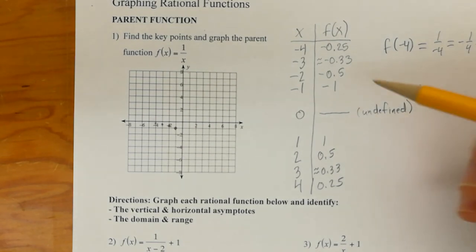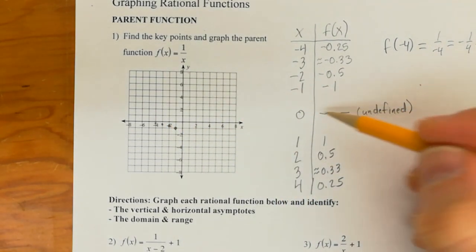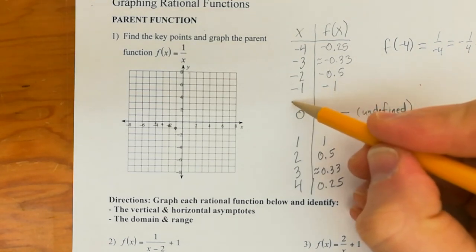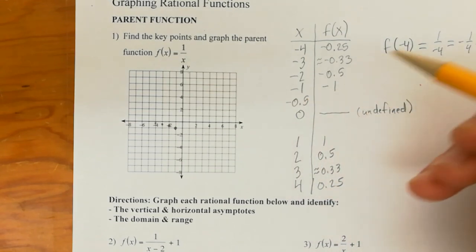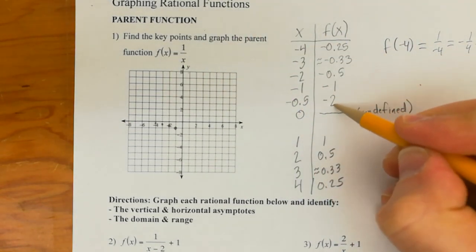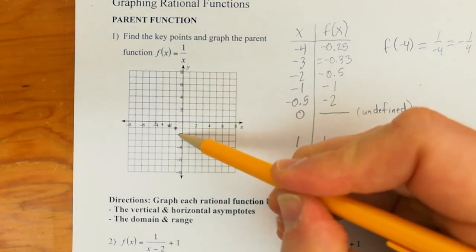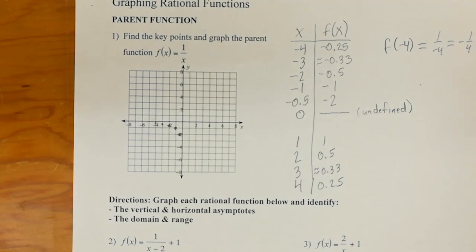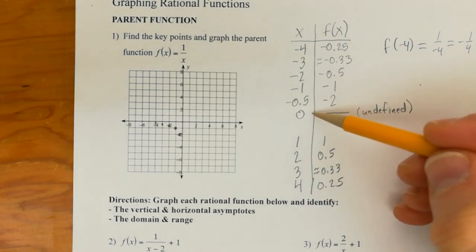Okay. It'd be nice to get a little bit more detail here. So let me go ahead and throw this in. I'm going to put in -1/2, or we can think of it as -0.5. 1 divided by -0.5, well, that's going to be -2. Okay, so -1/2, -2. And now 0, of course, nothing gets plotted.